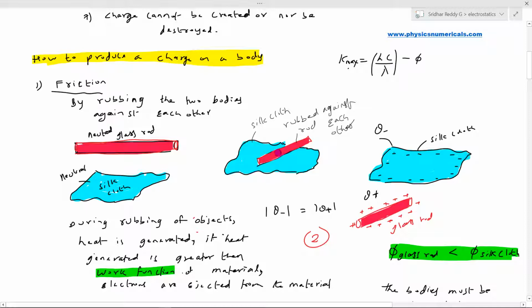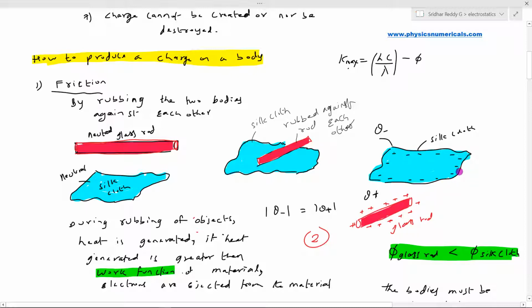When you rub the glass rod against the silk cloth, the electrons from the glass rod will jump onto the silk cloth. Since the glass rod has lost electrons, it will acquire positive charge. And the silk cloth has gained electrons, so it will acquire negative charge.